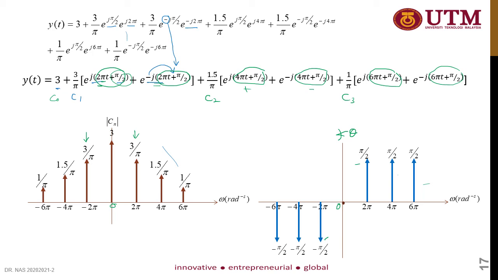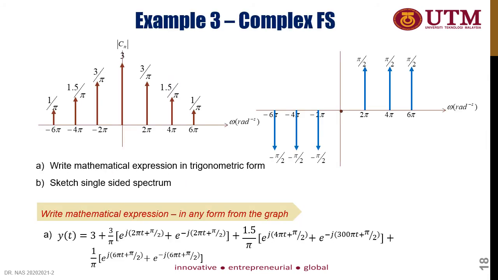So you have completed the trigonometric equation, the complex exponential equation, and also the double-sided spectrum for the given signal. Okay, how about when you are given an amplitude and phase spectrum, but you need to write down the expression in trigonometric form and then sketch the single-sided spectrum?